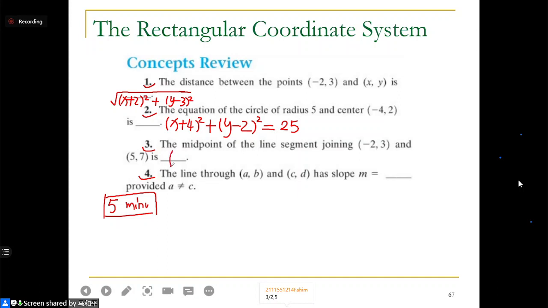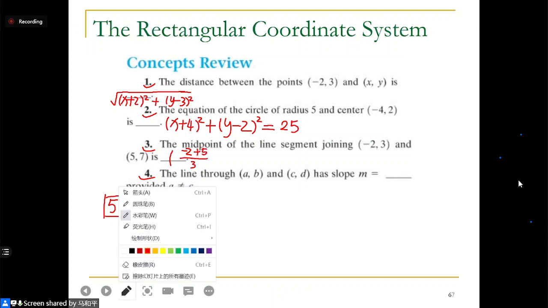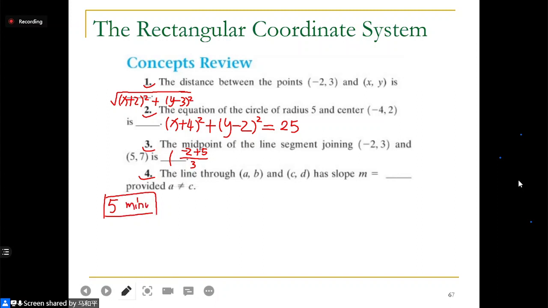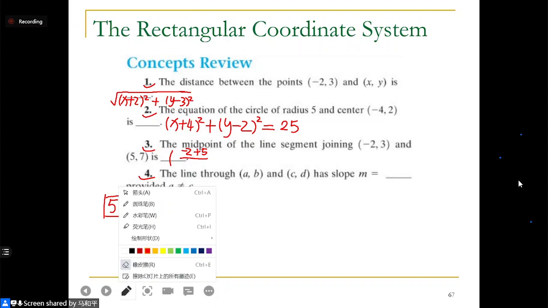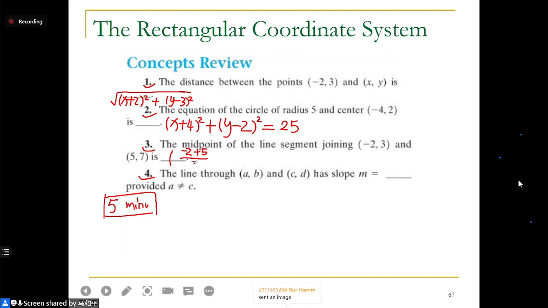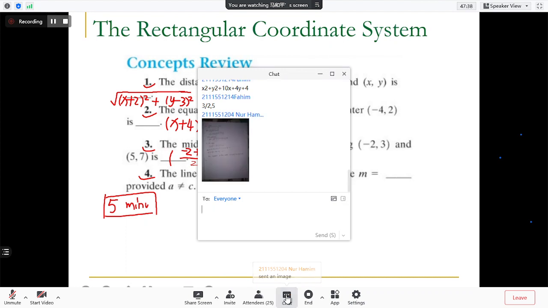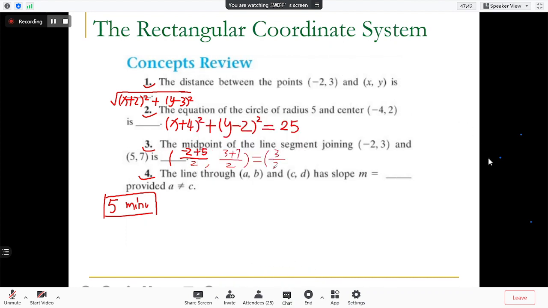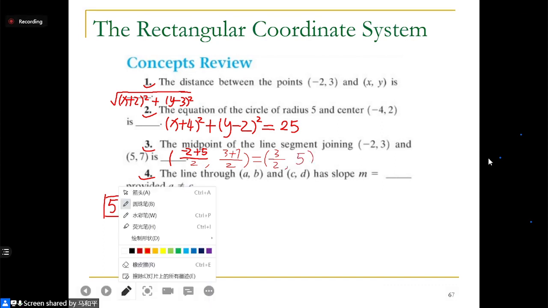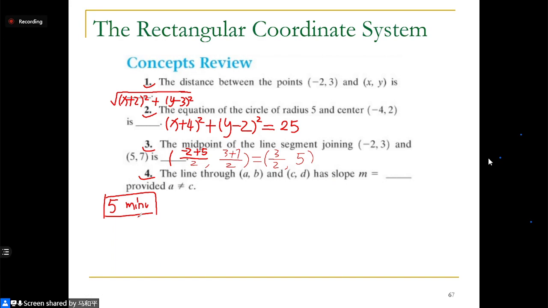It's equal to (-2 + 5) over 2, and (3 + 7) over 2. So it's equal to (3/2, 5).